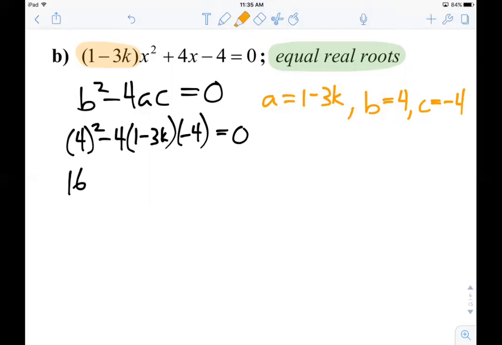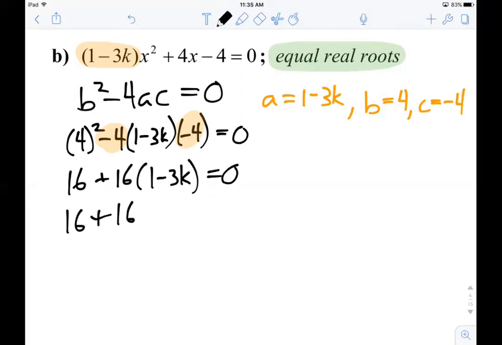And then I have a -4 coefficient multiplied by a -4 here. So I'm going to turn that into a +16 coefficient in front of this bracket. And then I'm going to expand that 16 in. So plus 16 and then minus 48k still must be equal to 0.